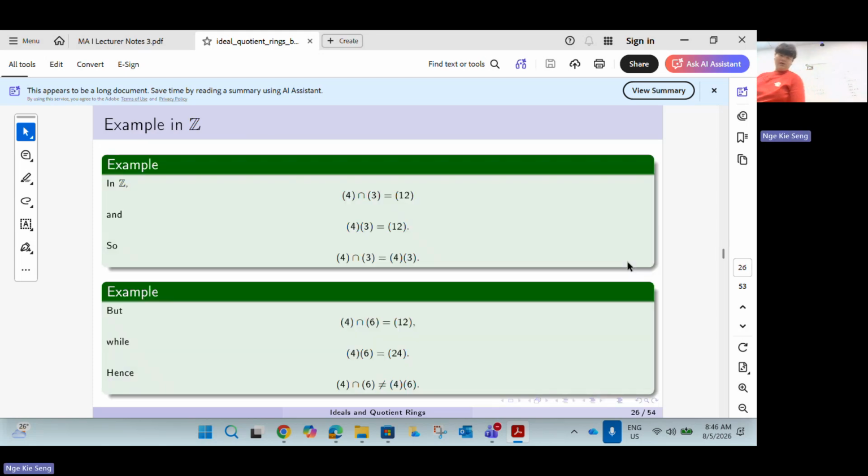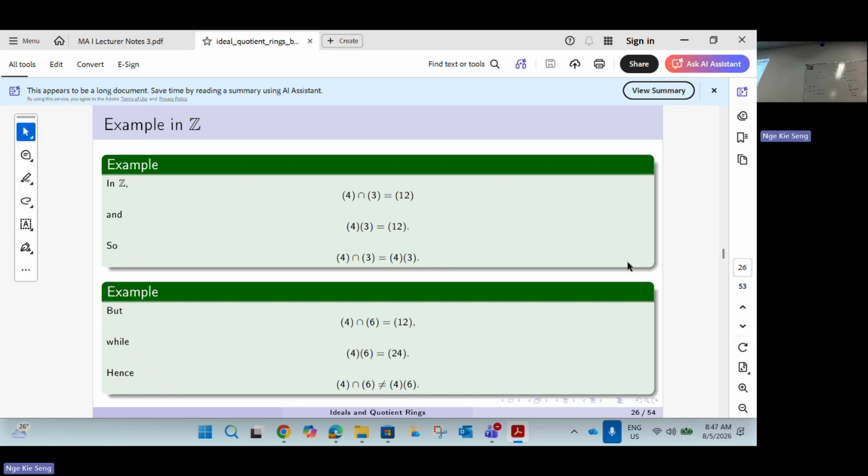These are examples for the intersection and product, and then we will see why they cannot be equal. This example can be equal because 4 and 3 are coprime. But if you take 4 intersect 6, this is not equal to the product.